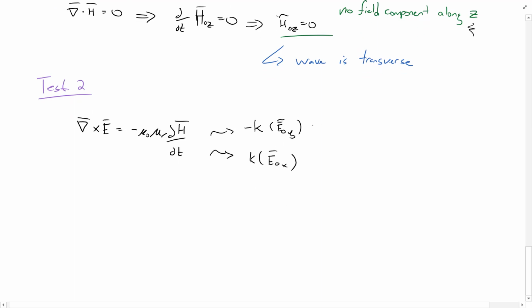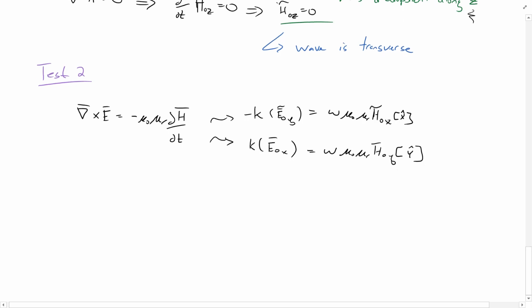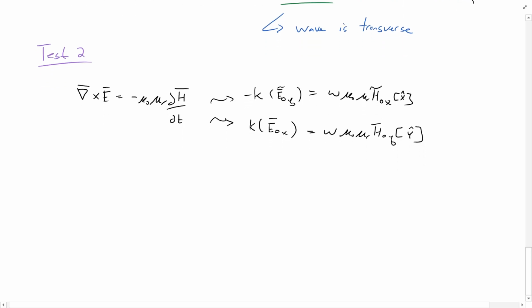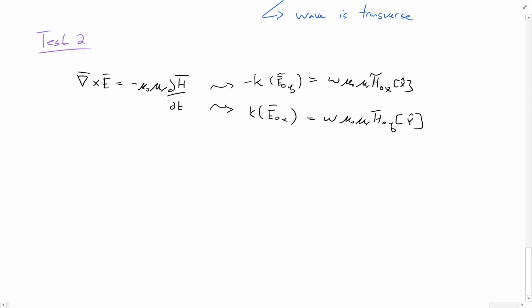So those are just equal to omega times our permeabilities multiplied by our magnetic field components.